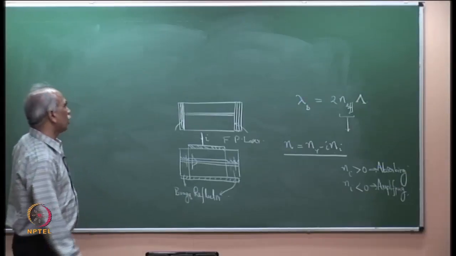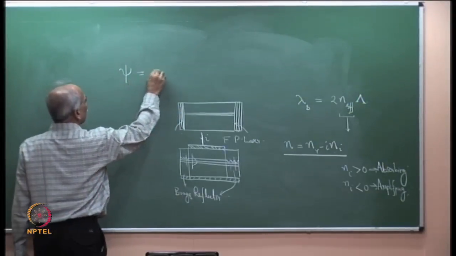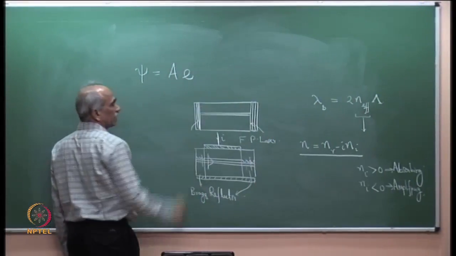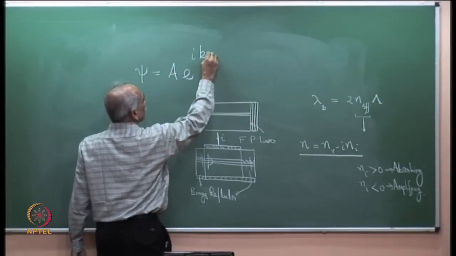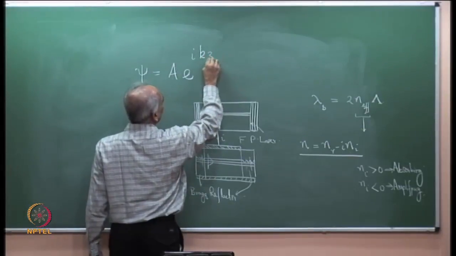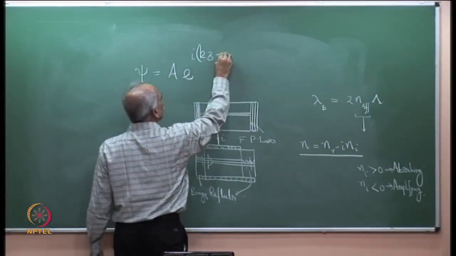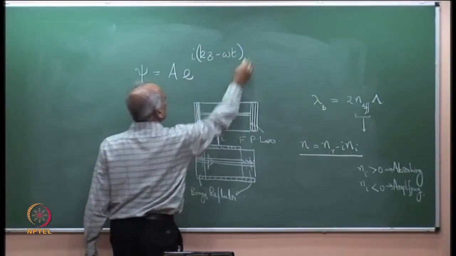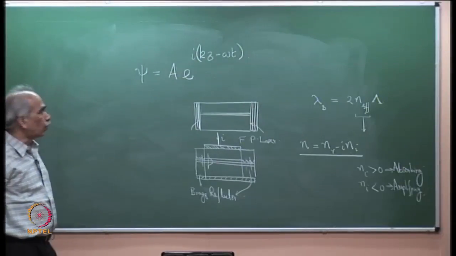This is basic optics. I hope you understand that a wave psi can be written, if you are taking a plane wave propagating in the z direction, as e to the power of i times kz minus omega t, or omega t minus kz, whatever way that you want.